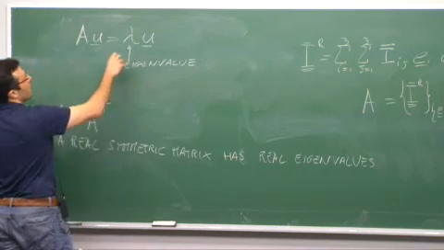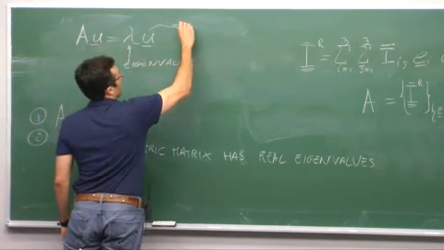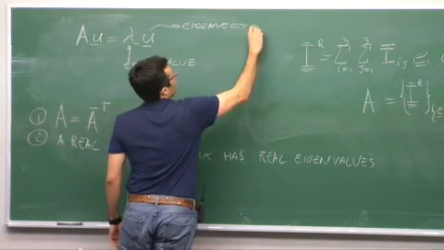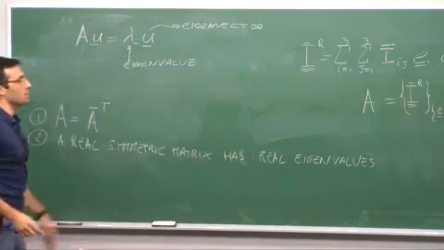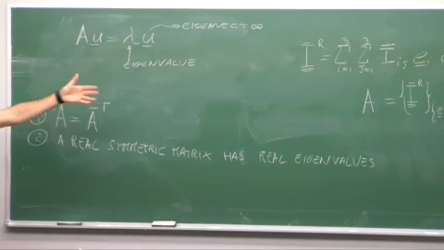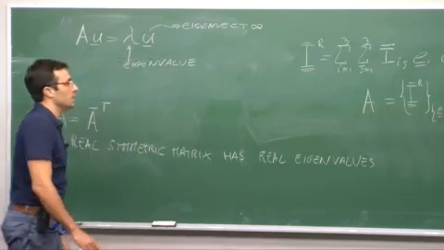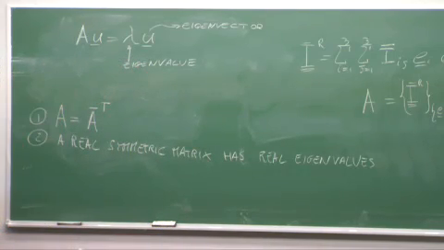And this u vector is what is called the corresponding eigenvector, right? So if I have a matrix A which is real and symmetric, like the projection of the inertia tensor in a given coordinate system which is fixed to the body reference frame, its eigenvalues are going to be real.